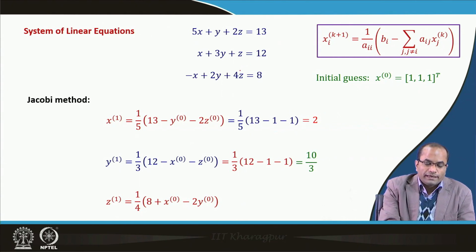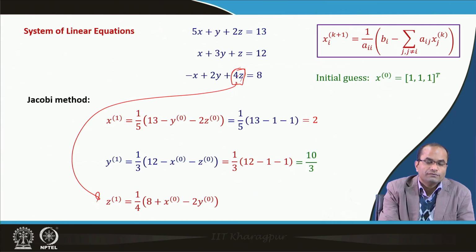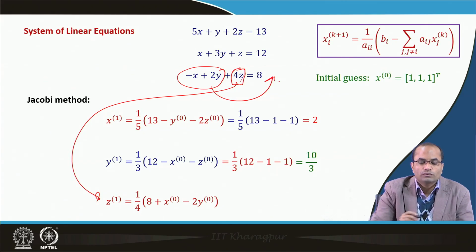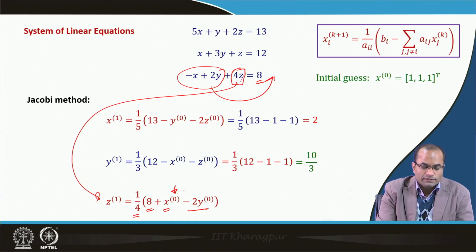In the third equation now we will write for z. That means this 4 z will remain here, and minus x plus 2 y will go to the right hand side, and then we will divide by 4 also. So, we have 1 by 4, then the right hand side was this 8, then we have plus this x and minus this 2 y, and then we have set up these iterations.